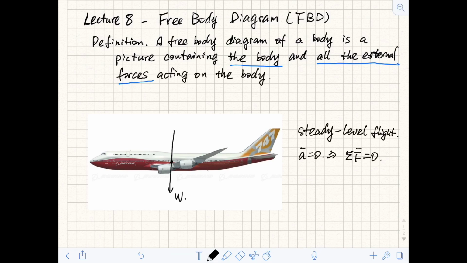And as the aircraft is moving through air, it will generate aerodynamic lift. And similarly, along the velocity direction, this is a thrust from the engine, and there's a corresponding aerodynamic drag.